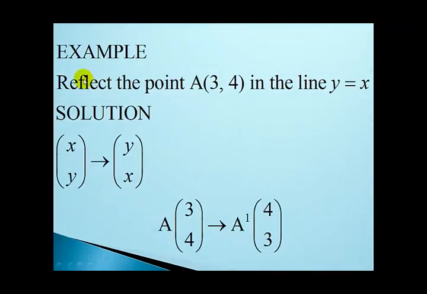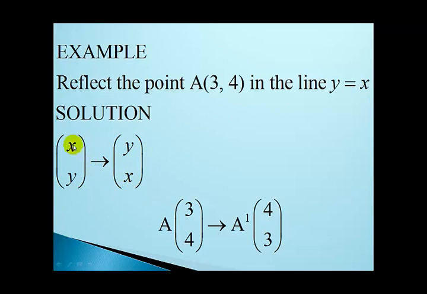Now, example. Reflect the point A(3, 4) in the line y equals x. Reflection in the line y equals x, the rule is (x, y) maps to (y, x). That means the y-coordinate goes up and the x-coordinate comes down. That is the interchanging of the positions of the x and the y.